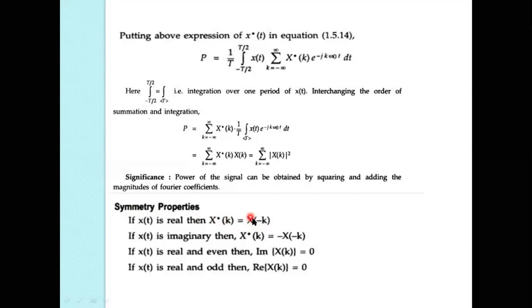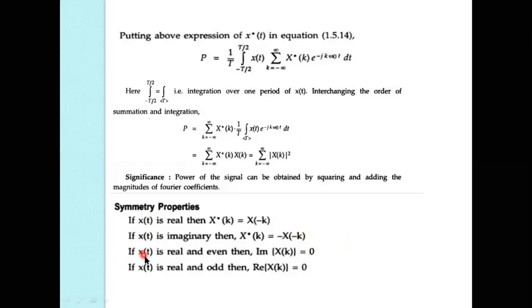If that same signal is imaginary, if x of t is imaginary, then the conjugate of the Fourier series coefficient, x star of k, is equal to minus x of minus k. For real x of t we get the positive value, and for imaginary, minus x of minus k.